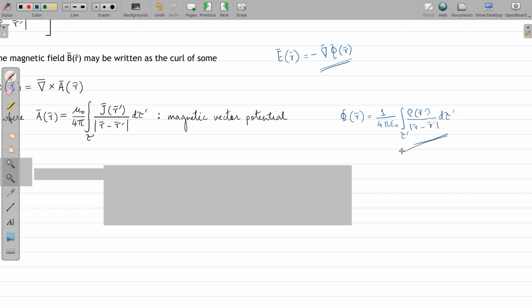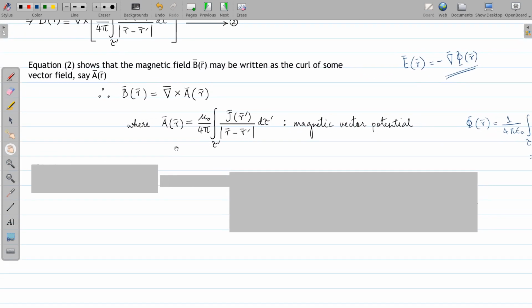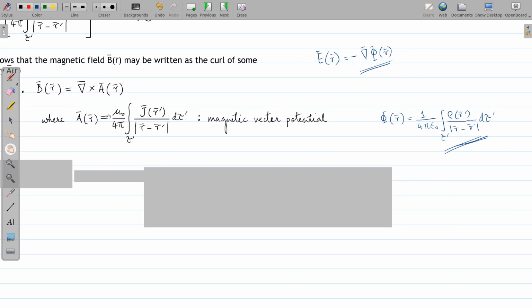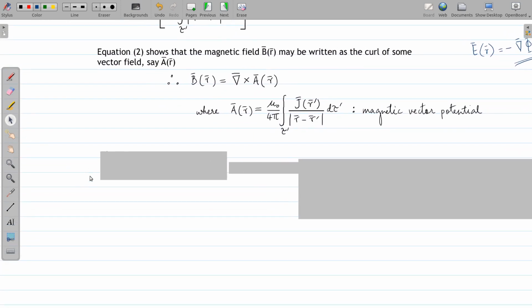So this was the most general solution for the Laplace equation, which gives us the electrostatic potential. And you can see here, these two expressions are basically mirrors of each other. In one case it's a scalar potential, in the other case it's a vector potential. So now we have two potentials, one is phi, another one is A. So instead of calling them the electric potential and the magnetic potential, we just refer to phi as the scalar potential and A as the vector potential.